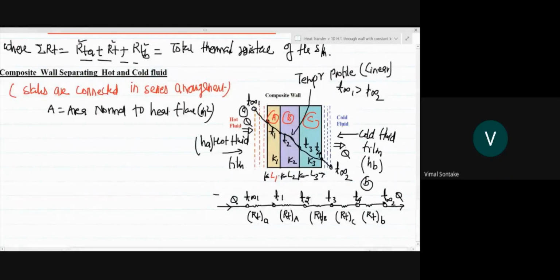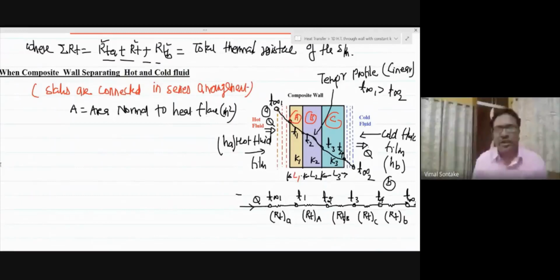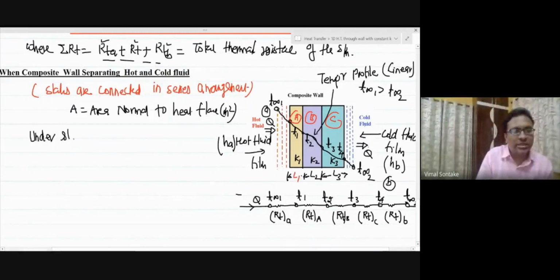So once again, the purpose remains the same. We are interested to find out the temperature variation, that is T1, T2, T3, T4, and to calculate the heat transfer rate. Now we have assumed one-dimensional steady state heat conduction. So what will be the consequence of this assumption?